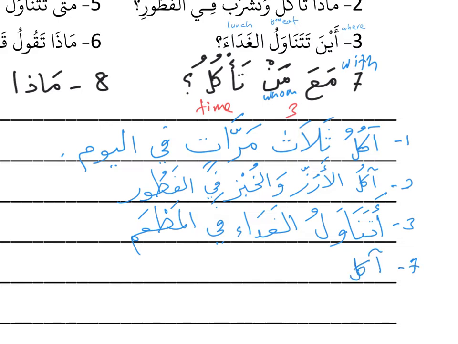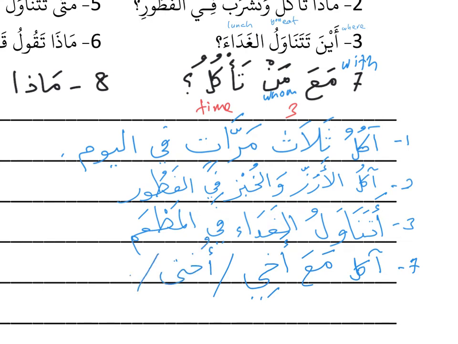Maybe you can combine this with the third question. Fil mat'am akulu ma'a. You take the word ma'a and then put your friend's name, for example, or the word friend. Or you can say my brother. What is my brother? We have learned that word. Akhi. Ma'a akhi. What else? Ma'a ukhti, with my sister.